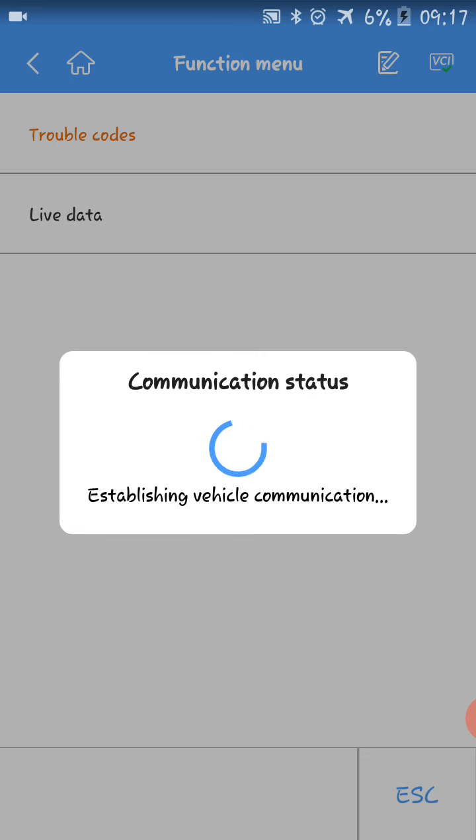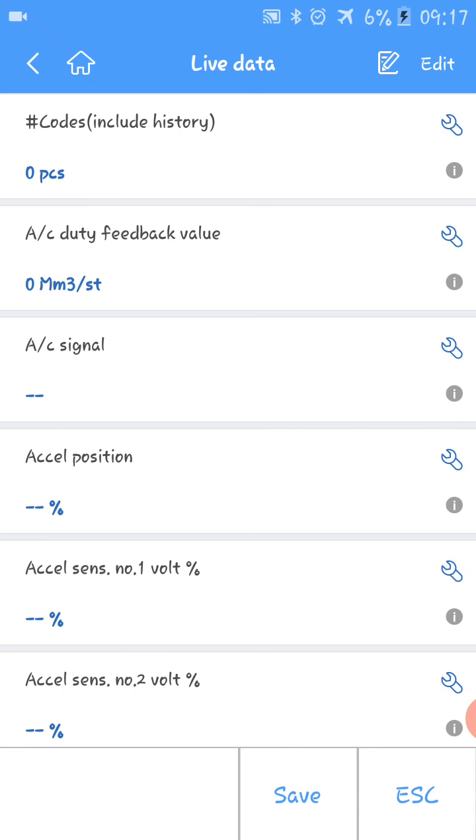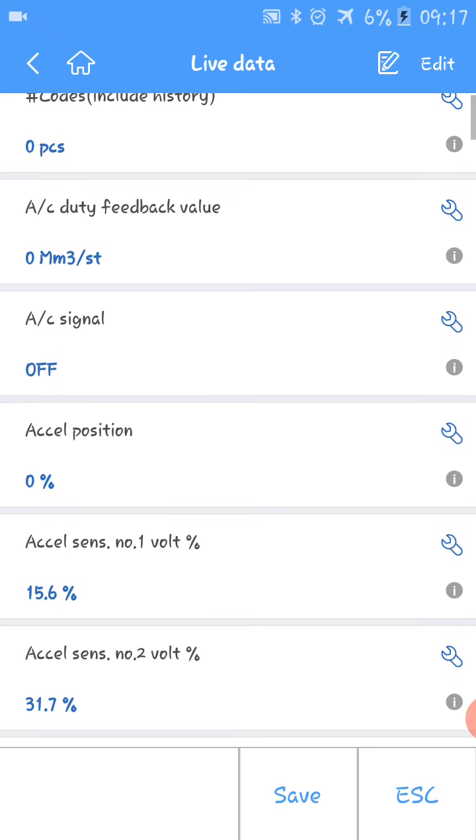Live data gives you the current performance of the engine, the sensors and everything. Currently the engine is not running, so we'll see what we have. I'm just from driving this car, so the engine temperature is already almost at operating temperature. So we have here engine code at 0 pieces.